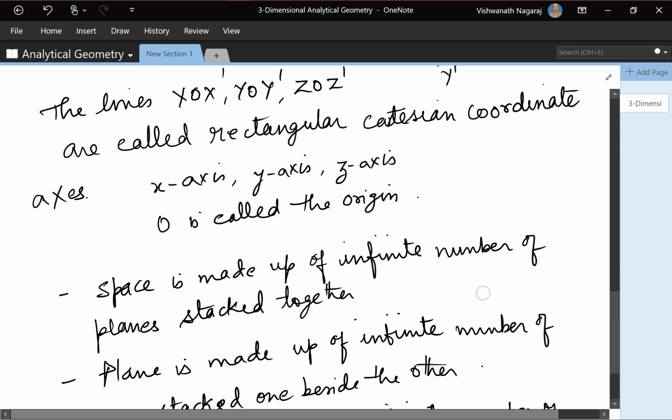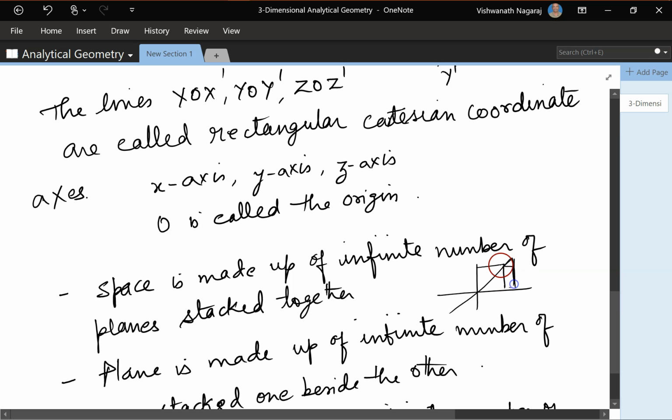Okay, now here another important thing you have to remember is that when I say stack together, since we are talking of space, think of it like something like this, right? So here you have a box kind of thing. I'm just showing you a part of the whole thing.